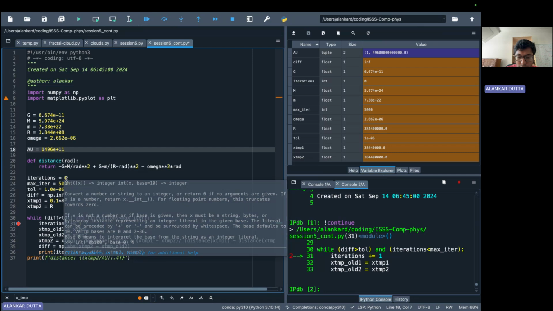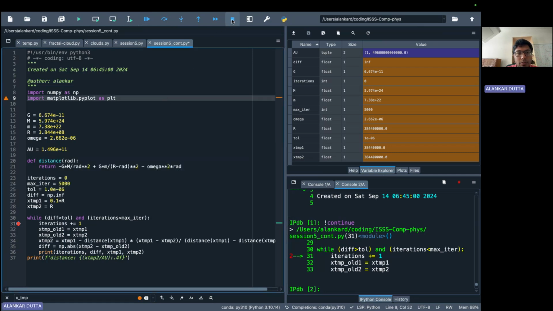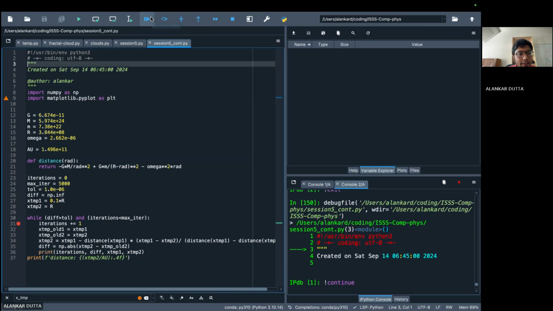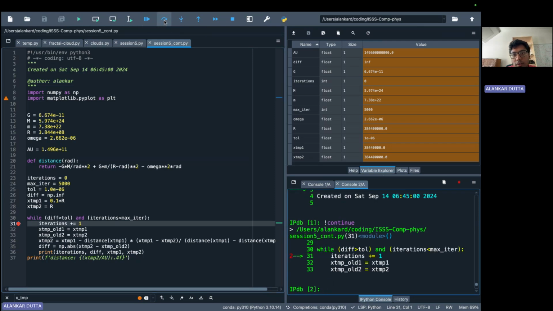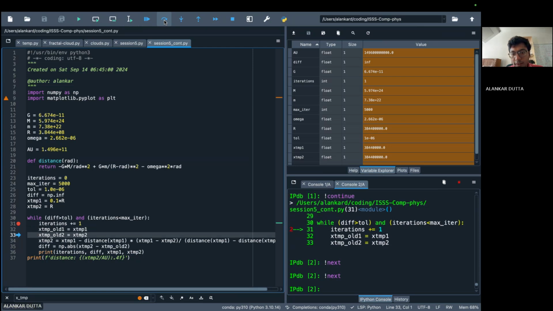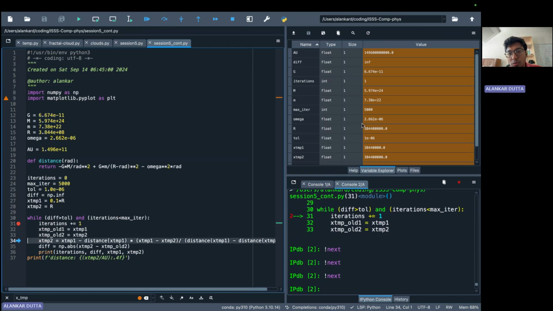So okay, that's this one, stop, and this one again. Okay, so now I think we're fine. We move it here, move on iteration, xtmp old 1 is something, xtmp old 2.